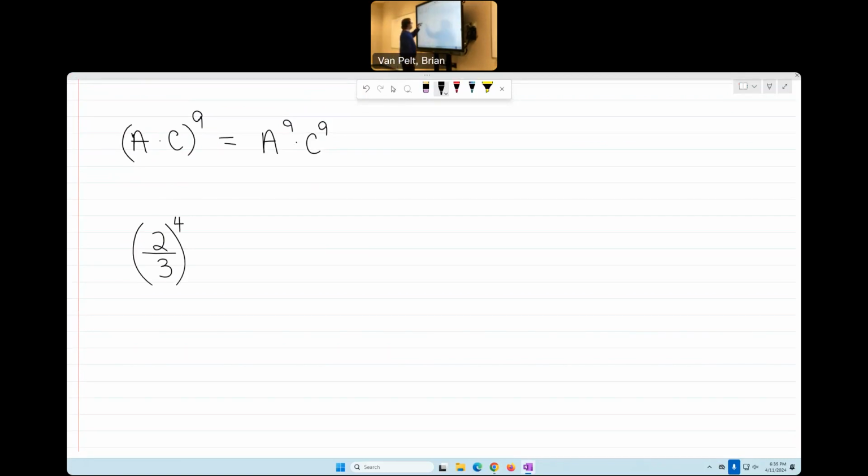I'm going to write 2/3 times itself 4 times. And then when you multiply out fractions, what do you do? Multiply the numerators. What do you get there? Not 16, 2 to the what? 2 to the 4 over 3 to the 4.